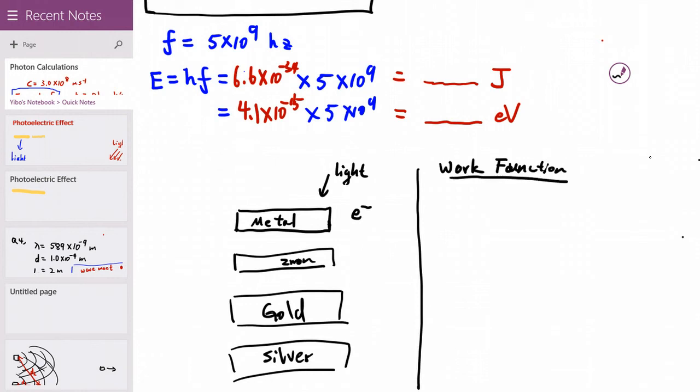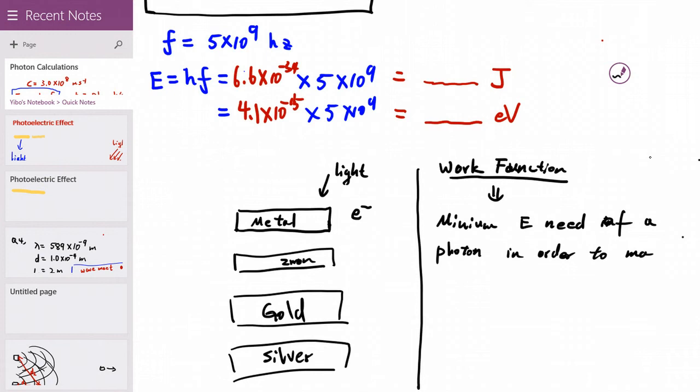A work function is basically the minimum energy needed of a photon in order to make an electron escape from a certain metal.